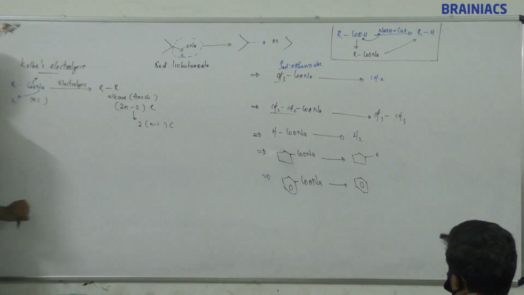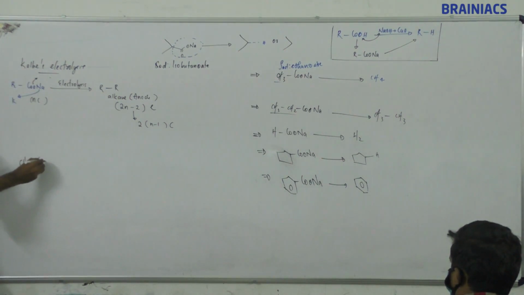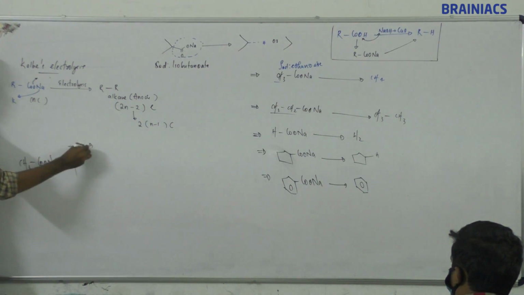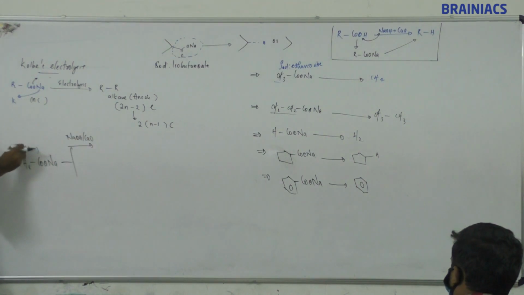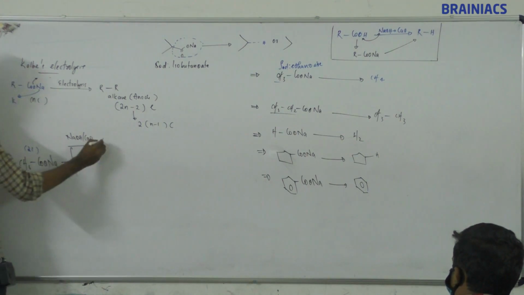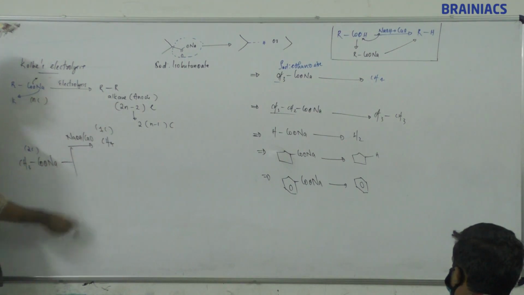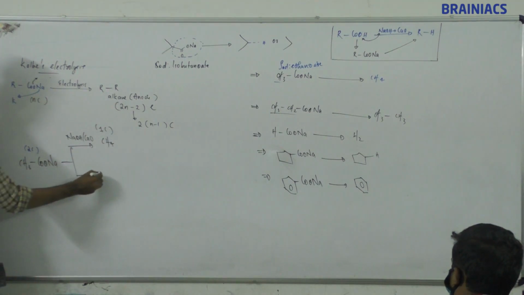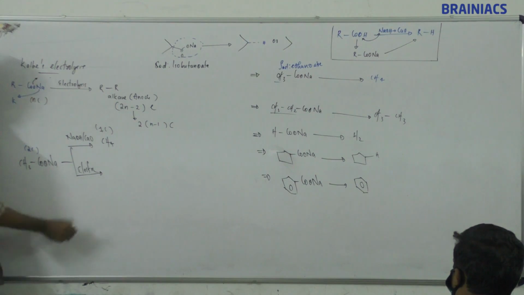That means, listen, if I have a molecule like CH3COONa, which on decarboxylation using soda lime, how many carbons are there? 2. What about the product? CH4, the carbon is 1, so this is n minus 1. If it is electrolyzed, what about the product?